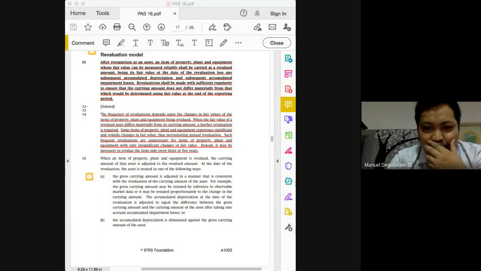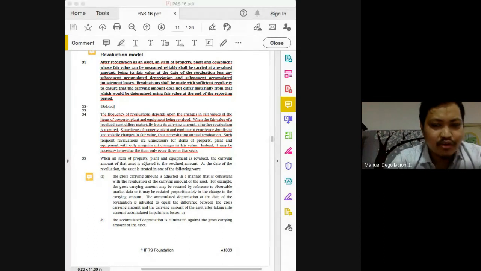Such frequent revaluations are unnecessary for items with only insignificant changes in fair value. So as I mentioned, class, there is no need for us to restate it to its fair value every year. We only do it when the change is significant, or as the standard states, when the fair value differs materially. If the difference is material, class, then that would require revaluation.